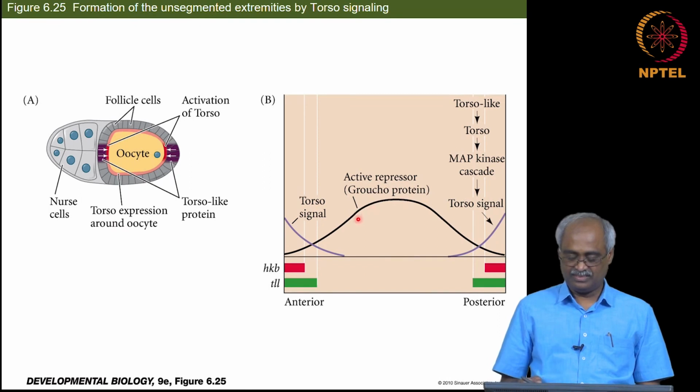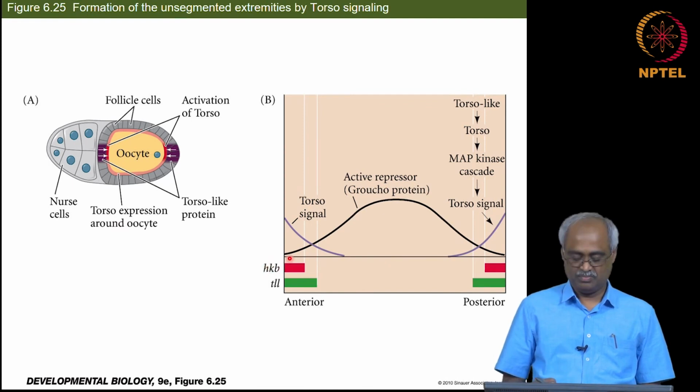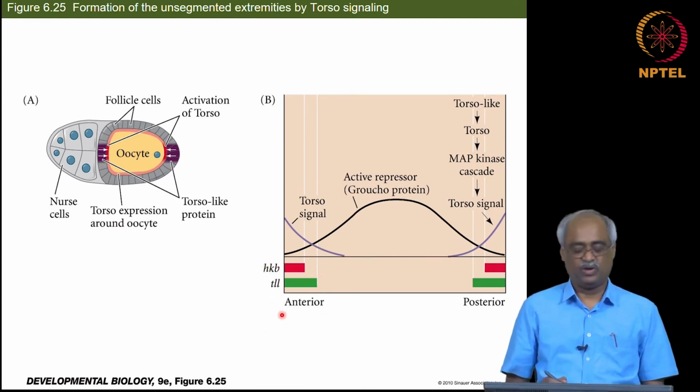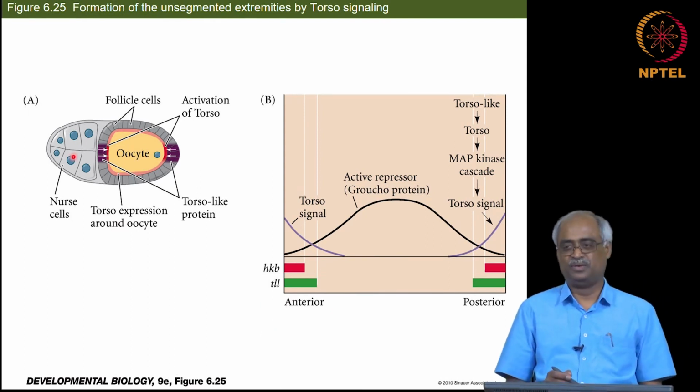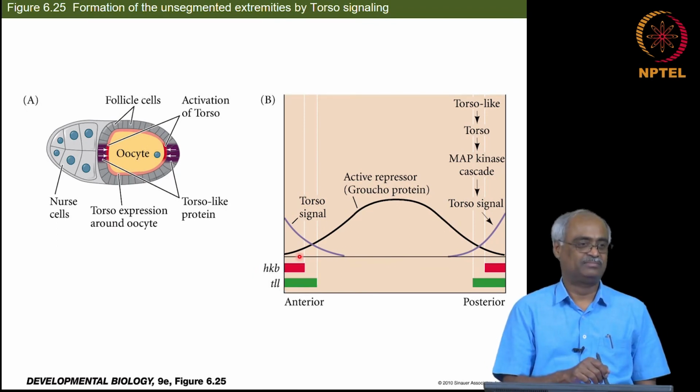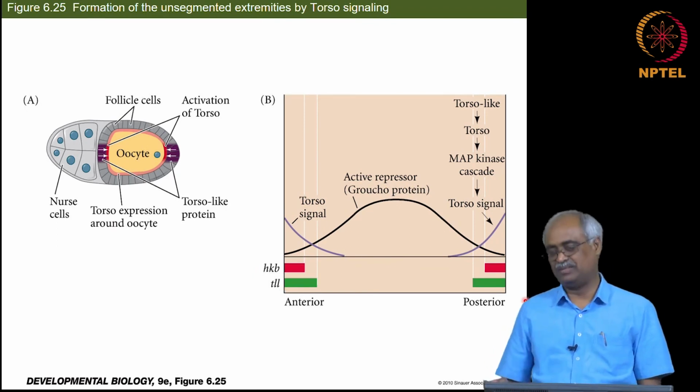And this Gaucho, if it is there, is going to not allow Huckebein and Tailless production. Those two proteins are required for these extremities to form. If those two are produced and you also have Bicoid, you make the head. You do not have the Bicoid, you make the tail.